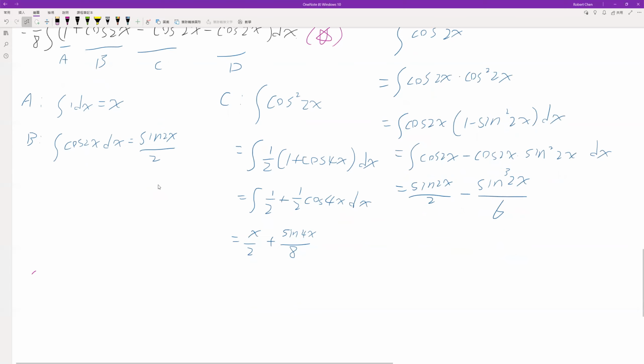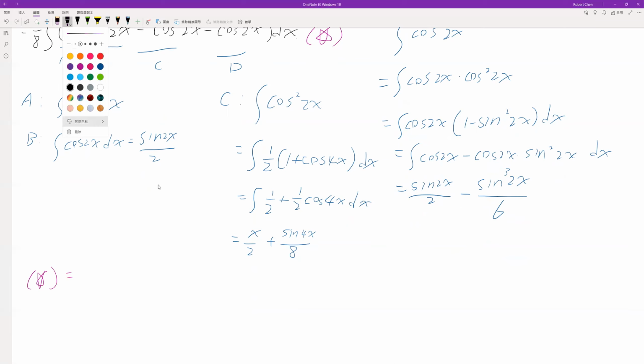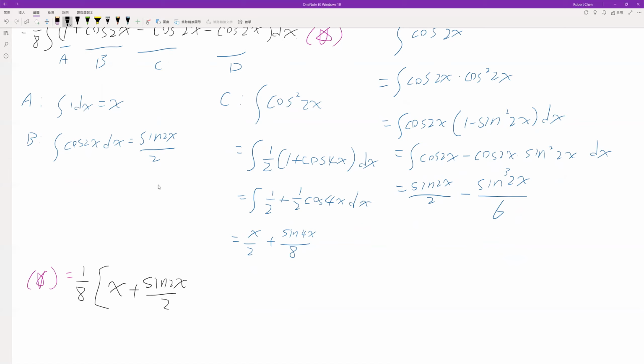So star is equal to 1/8 times part A, x, plus part B, sine 2x over 2, minus part C, x over 2 plus sine 4x over 8, and then minus part D, sine 2x over 2 minus sine cubed 2x over 6.